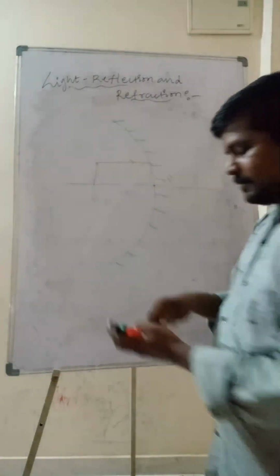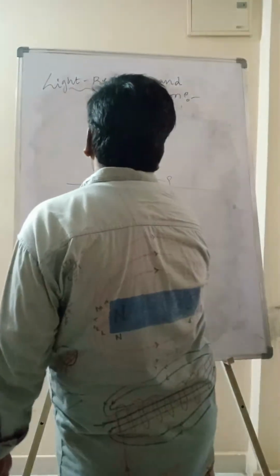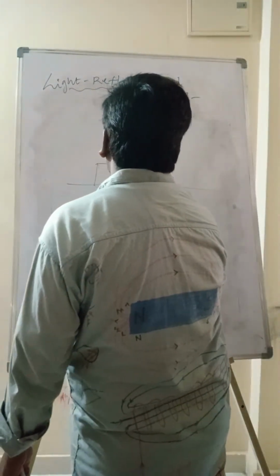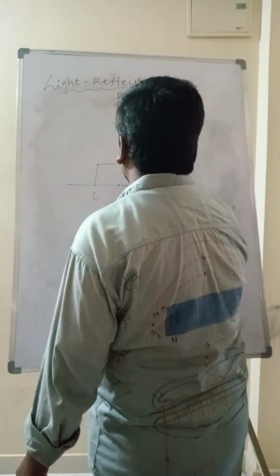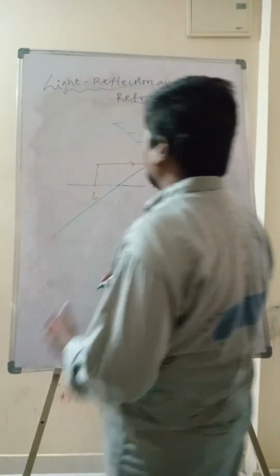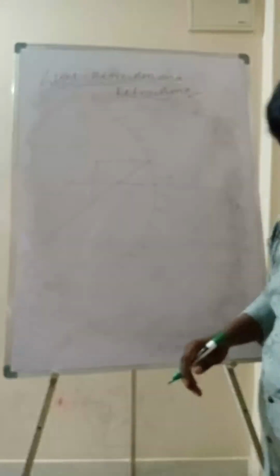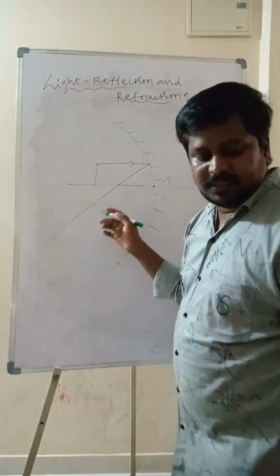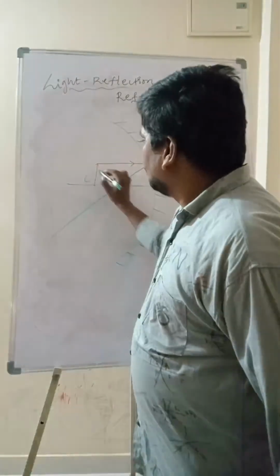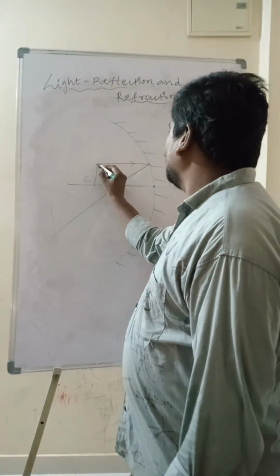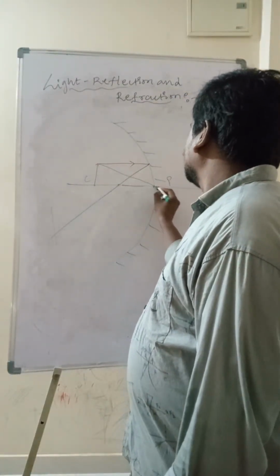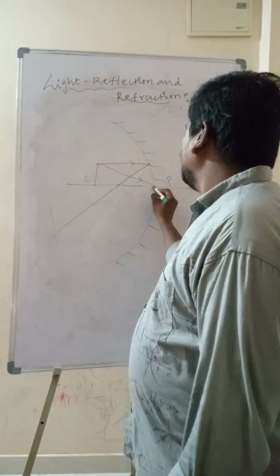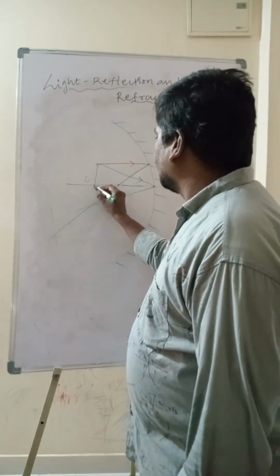Okay, so here I'm considering this is the center of curvature. So one light ray I am taking, another light ray I am considering like this. So it will meet here.